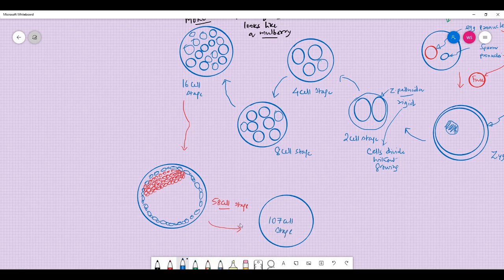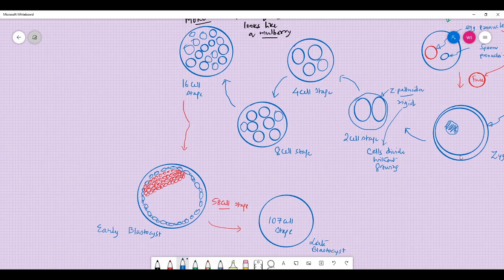This stage we call the blastocyst. Let's call this early blastocyst. This we can call late blastocyst.